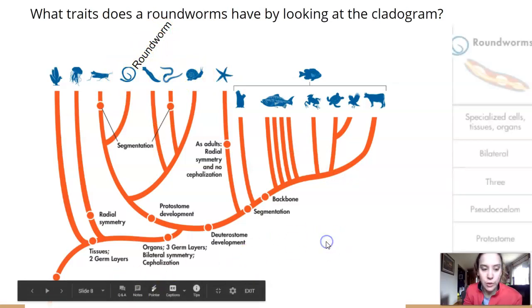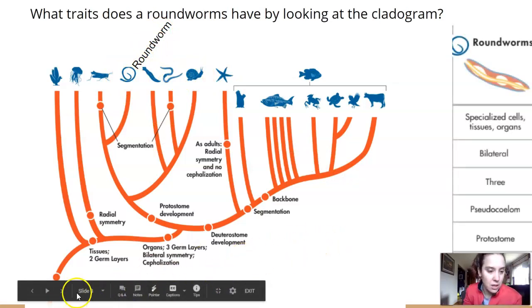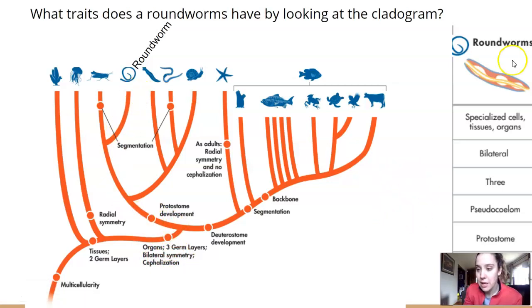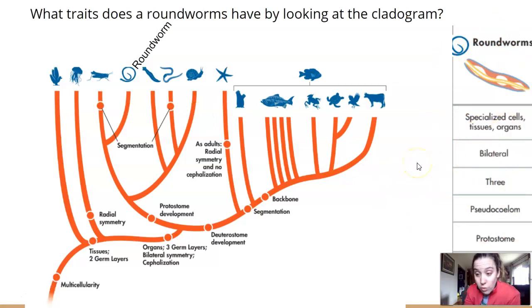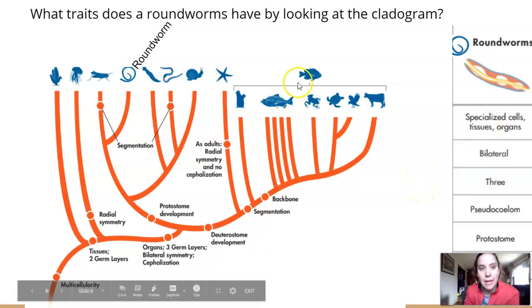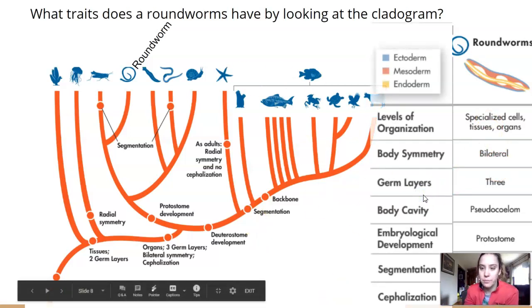So we read through, and we're going to see that they are multicellular, they have organs, 3 germ layers, bilateral symmetry, protostome, and then they're not segmented. And you can see in this chart that I also cropped in that this is pretty true, right? They're not segmented. They have 3 germ layers, they have bilateral symmetry. You can figure out what a roundworm looks like by looking at this cladogram.